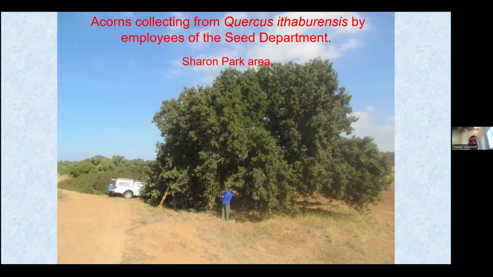We don't really know the reason, but all the park has the same environmental condition. So probably those trees have a better genetic resource. So we will collect the seeds from those trees because we want this genetic resource to go on to the next generation of our trees.